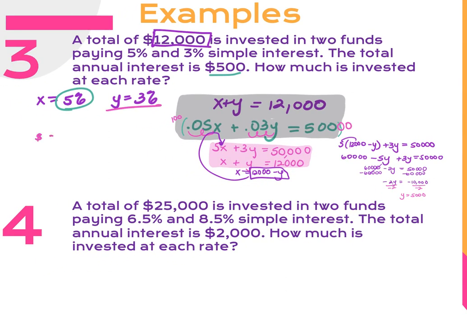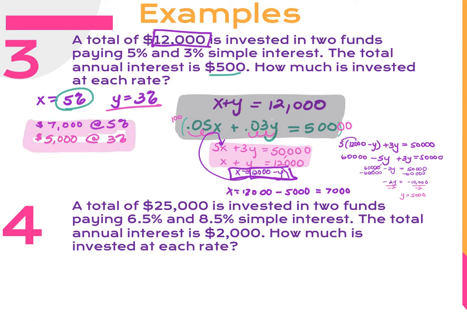So $5,000 at 3%. And then I need to find out how much invested at the 5%. So I can go back to the one we solved for x. X would equal 12,000 minus 5,000, which is 7,000. Questions on that one?